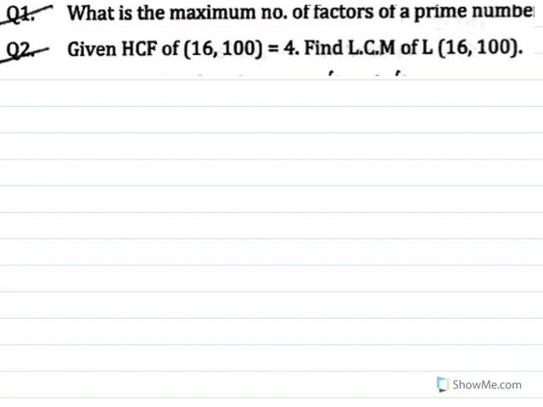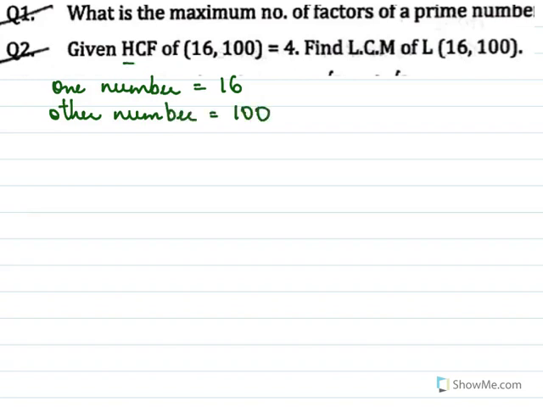Given the HCF of 16 and 100: one number is 16, the other number is 100, and they said the HCF is 4. We need to find the LCM.